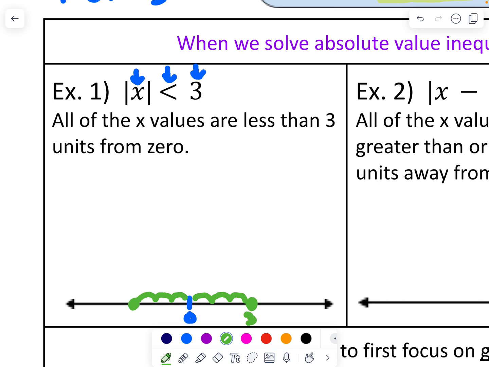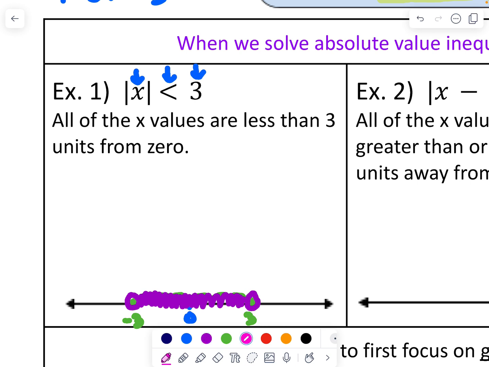So this would be 3 and -3. If I'm at -3, I am 3 units away, so I'm not less than 3 units. And if I'm at 3, I am exactly 3 units, so not less than. All of the points in here are less than 3 units away from 0. That's what my solution looks like.